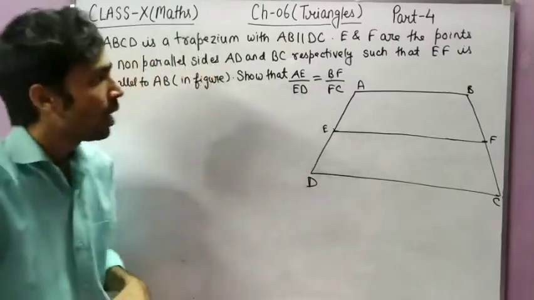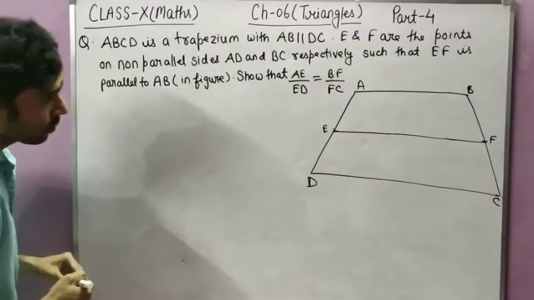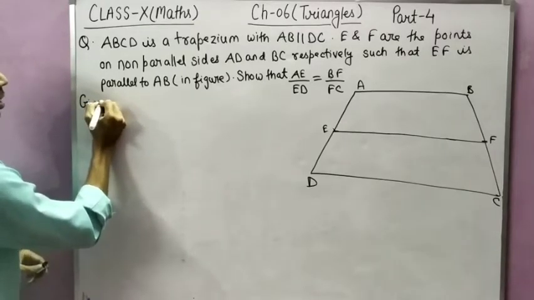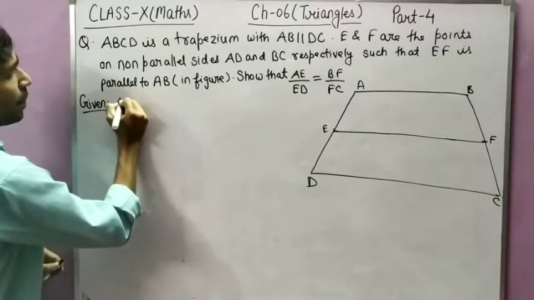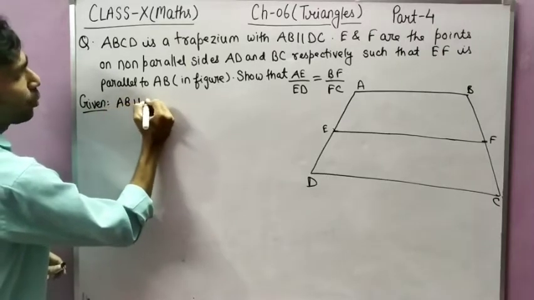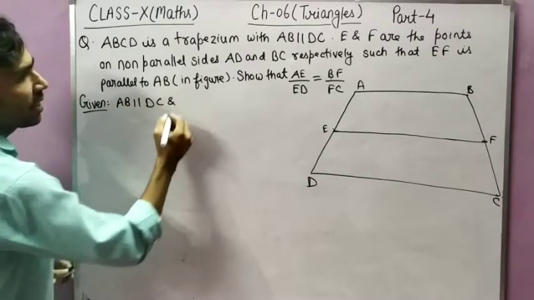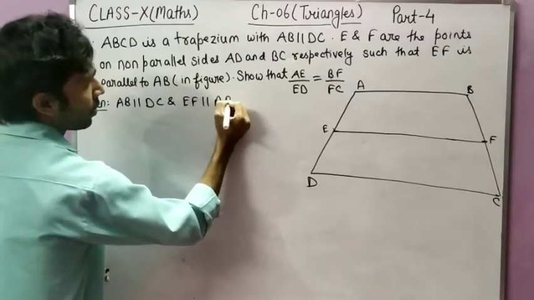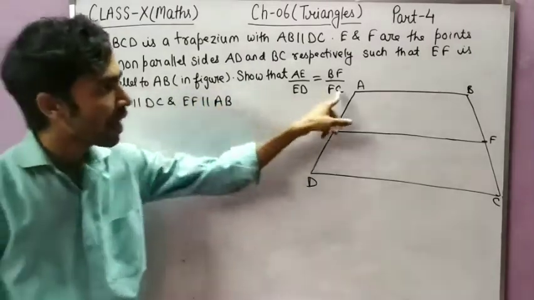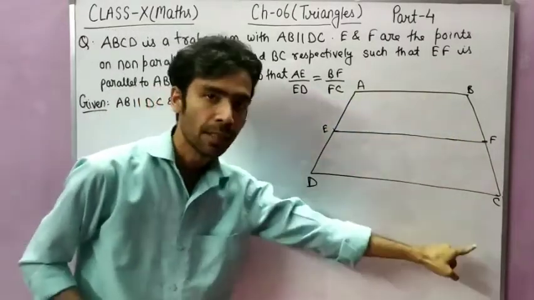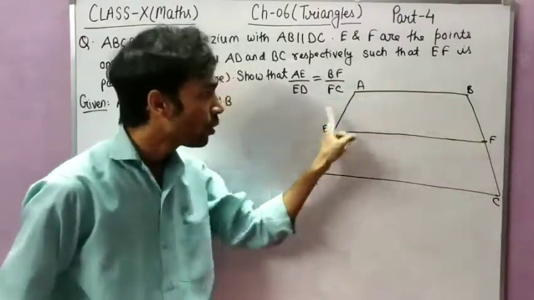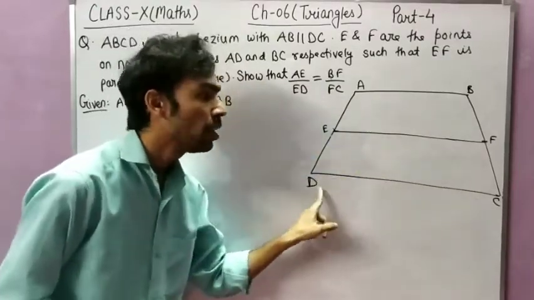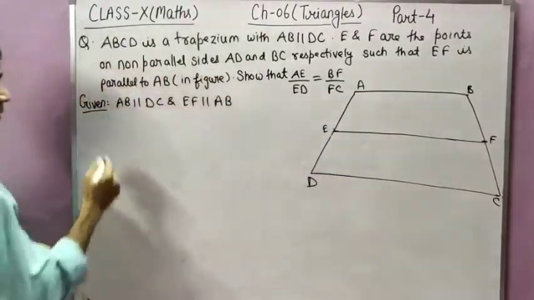Now students, what is given? Given is AB is parallel to DC and EF is parallel to AB. Now see, if AB is parallel to DC and AB is also parallel to EF, then it is sure that EF will also be parallel to DC.